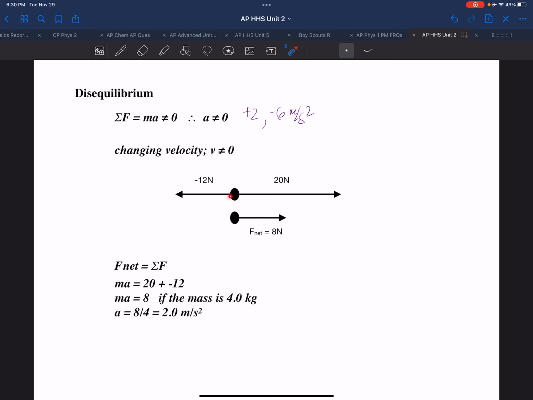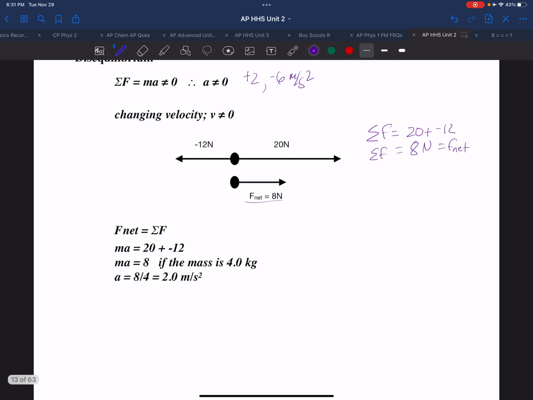And what this might look like in our free body diagram is we have a 20 Newton force in this direction and a 12 Newton force in that direction. When you add these up, you get a net force of +8. The sum of the forces is 20 plus -12, which is 8 newtons. And that, of course, is the net force. So we get a net force of 8 newtons.